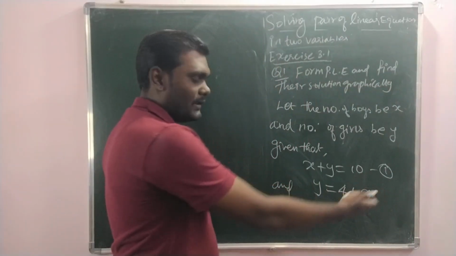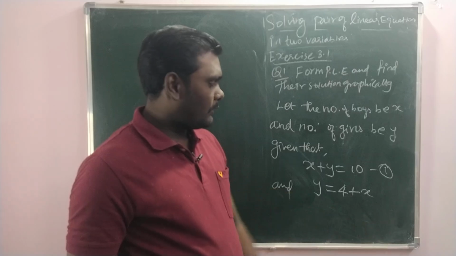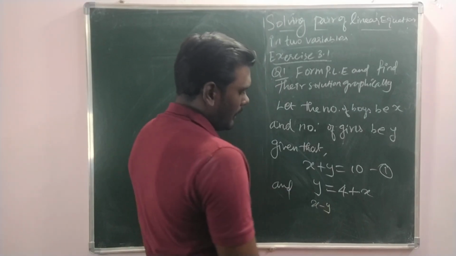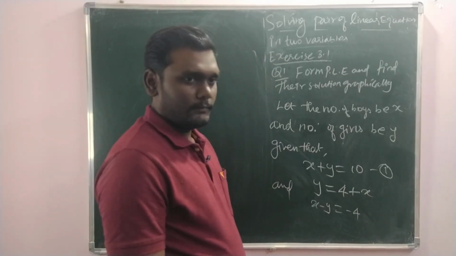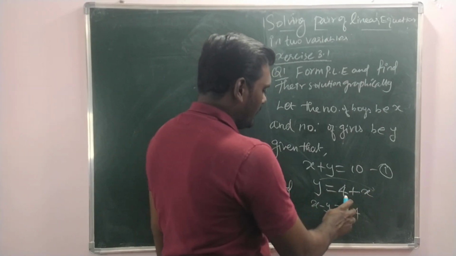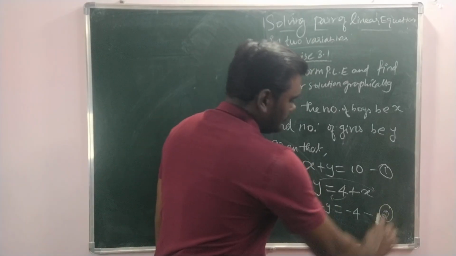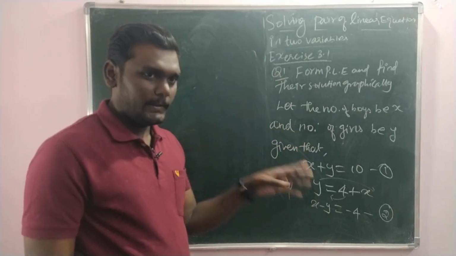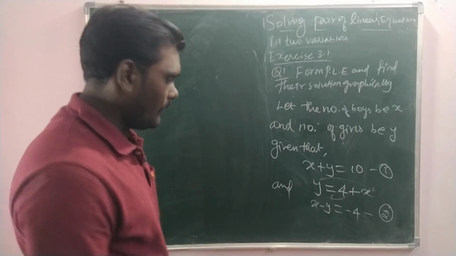Now we'll put this in the general form. Here x is there, we'll transpose that y over to the other side. Then we have x minus y equals minus 4. Is it? I transposed this y to the other side and this 4 to here. So we'll name this equation 2. Now as usual, we are going to solve this using a graph.